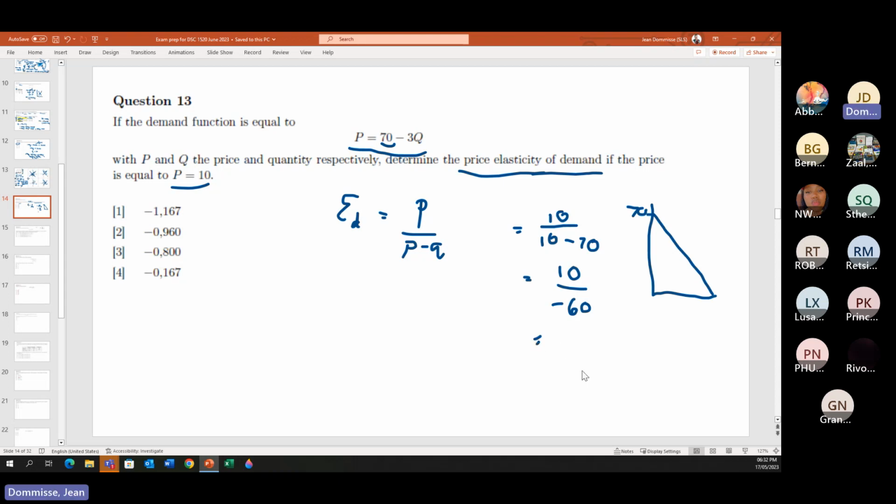Just check. So 10, sorry, divided by 60 is minus 0.1667. So we round off to 3, okay, minus 1.67. Okay, option 4. How did I get to that for one?